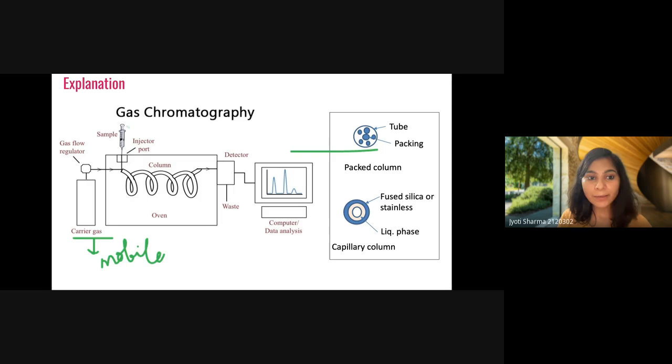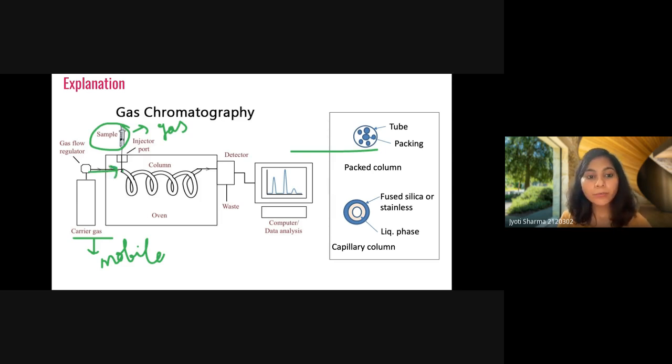Then you will have some sample, and you will inject that sample in the form of gas into one column, and we are giving carrier gas to that column also.